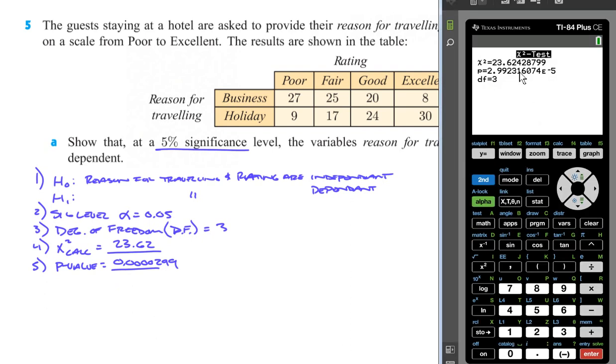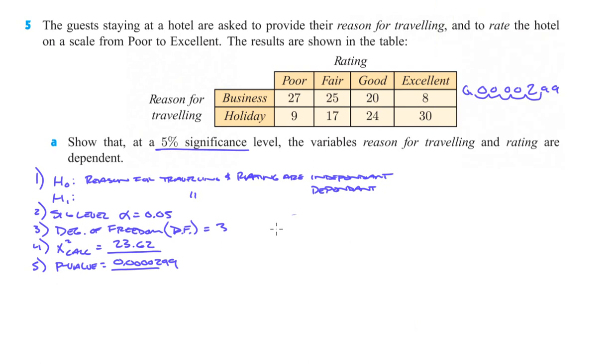So let's see if there's any other important stuff. Degrees of freedom, which we already figured out was 3. They verify that it is 3. Okay, and now it's off to rejection inequality time.